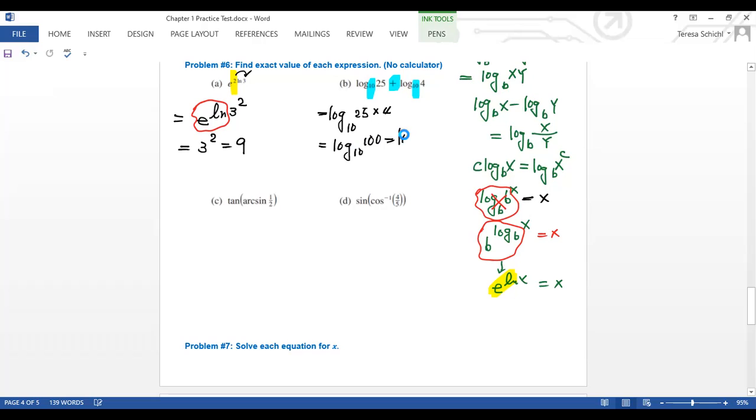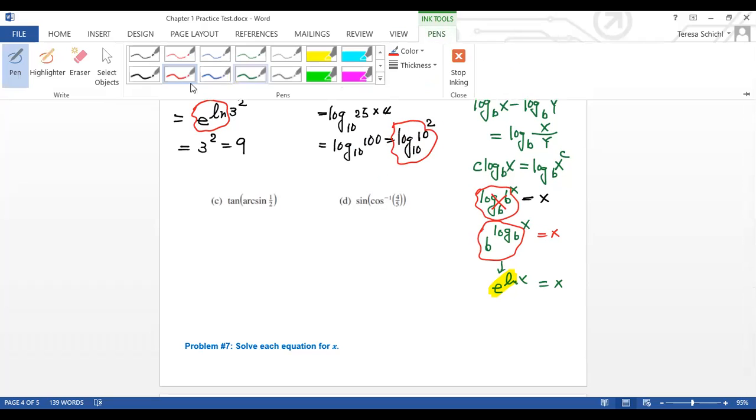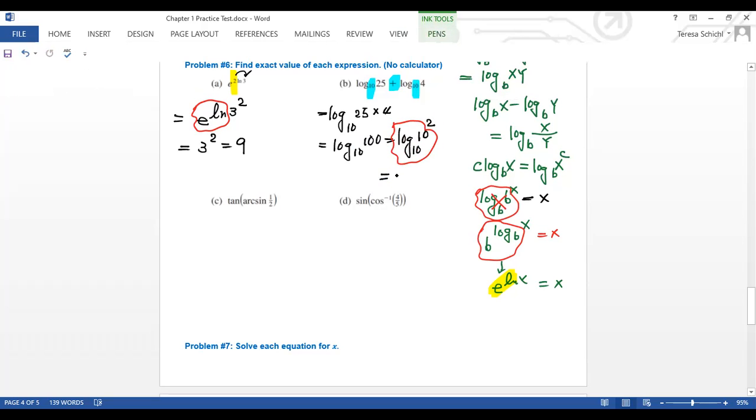And 100 is 10 to the what? 10 to the square. Then you have a base 10 and a base 10 here, so these two cancel. What is the final answer? It is equal to 2, right? Because every time you see the log and the exponential, they cancel out.